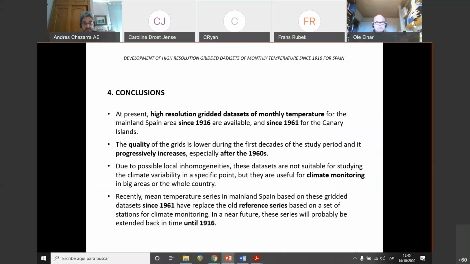The quality of the grids is lower during the first decades of the study period, but it progressively increases, especially after the 60s. And due to local inhomogeneities, we think that these datasets are not suitable for studying the climate variability in specific points, but they can be useful for climate monitoring in big areas or for the whole country.